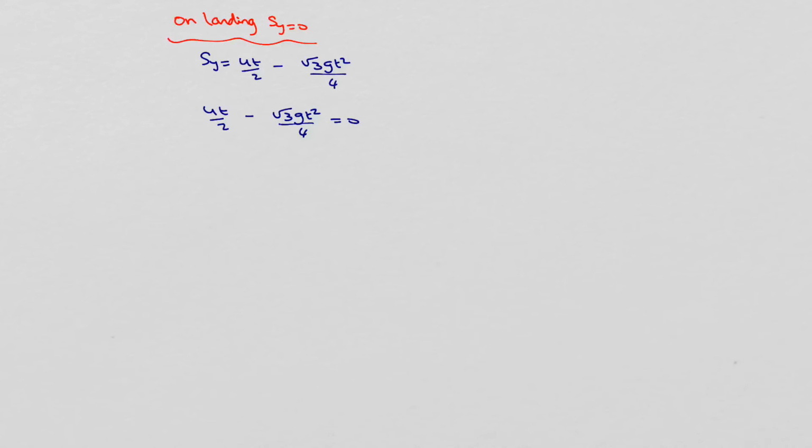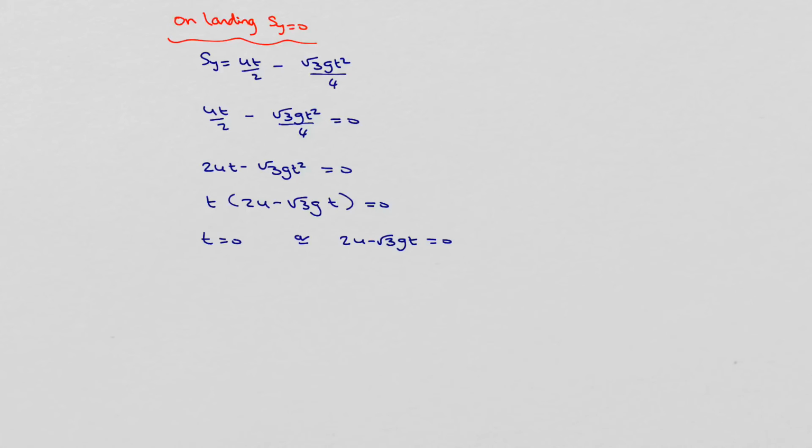I'm going to multiply everything across by 4. And then I'm going to take out t as my highest common factor. And then if both multiply to give you 0, that means one of these factors must equal 0. So one is 0 or both are 0.